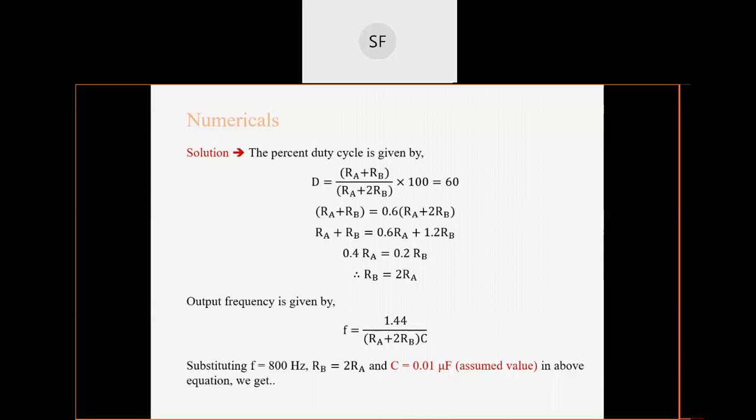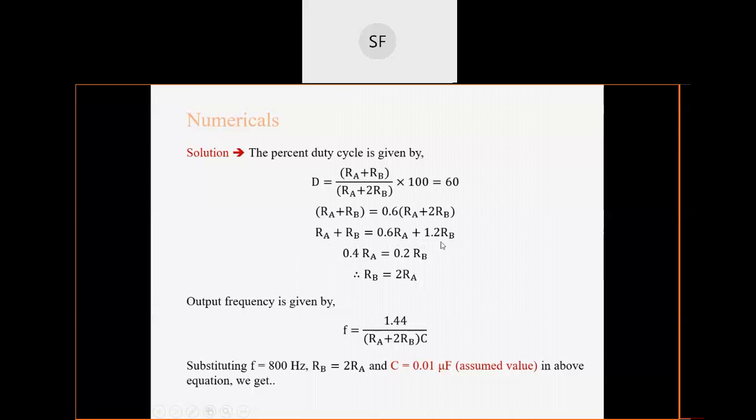Now you have to collect similar terms on one side and other terms on the other side. I will collect the terms of RA on this side. Here it is RA, that is 1 RA, and here it is 0.6 RA. If I take this term to this side, it will become minus 0.6. So 1 minus 0.6 will be 0.4.